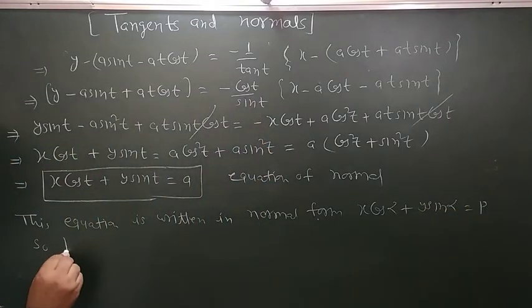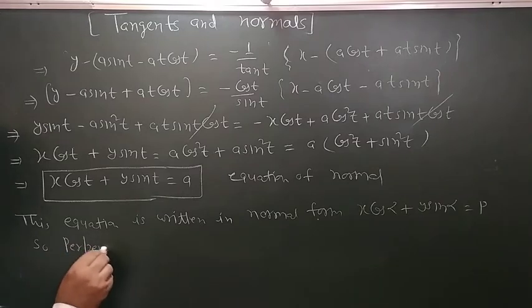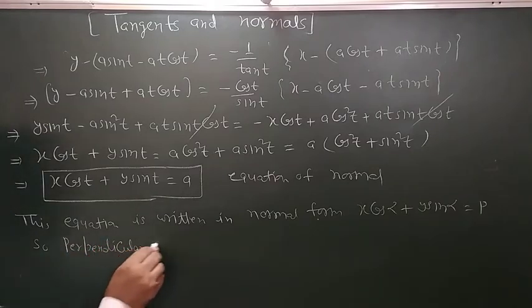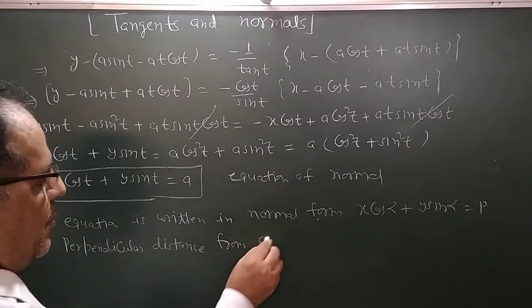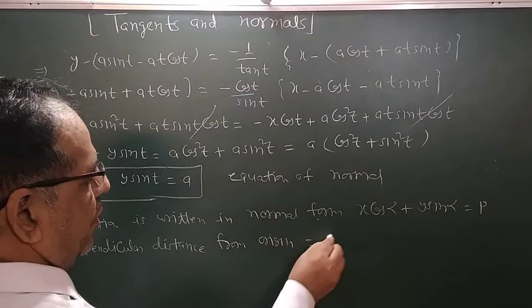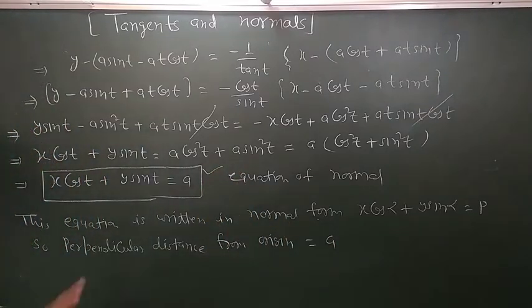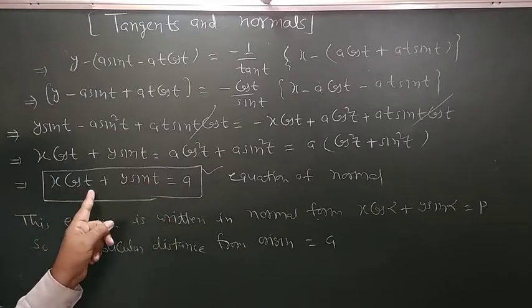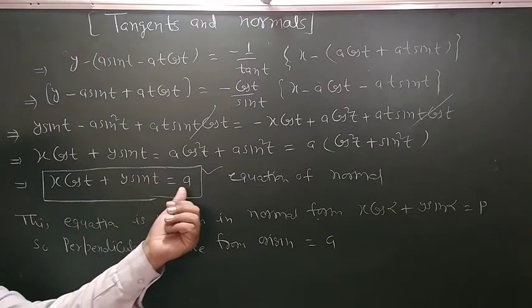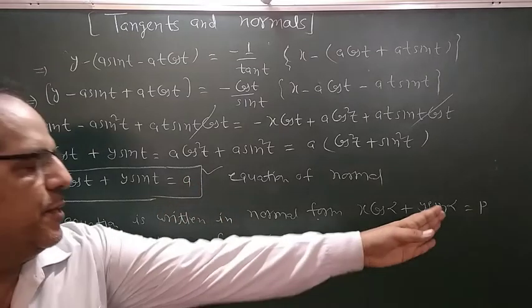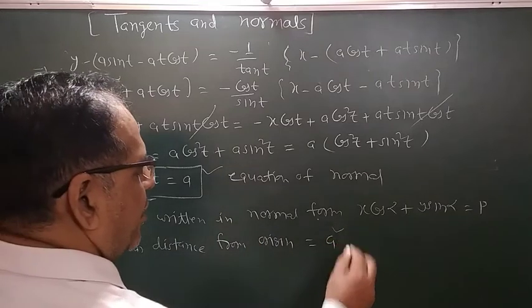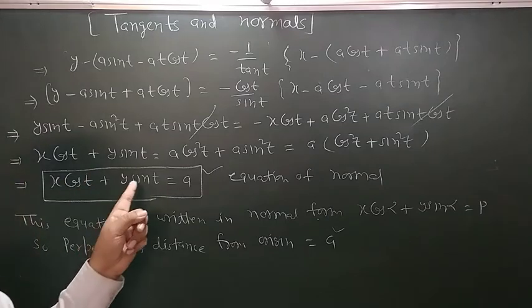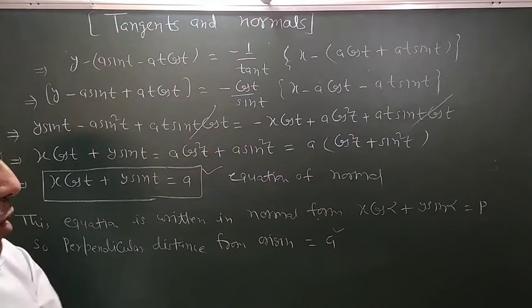So the perpendicular distance from the origin equals a. Whenever the equation of a straight line is written in the form x cos theta plus y sin theta equals a, we know that the right hand side value, that means p, always shows the distance of the line from the origin. So a is the distance of the normal to the given curve from the origin.